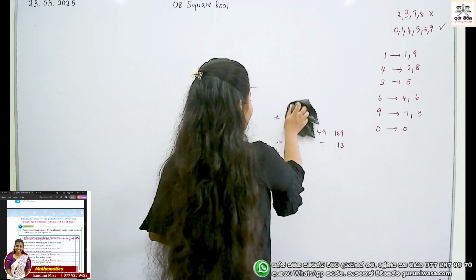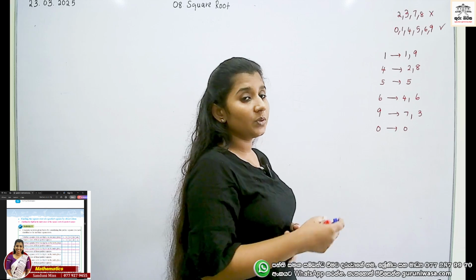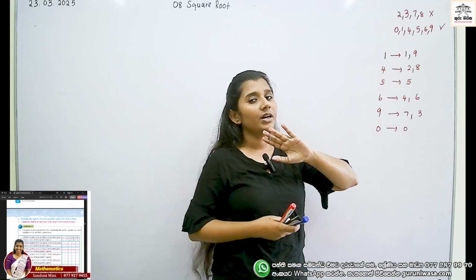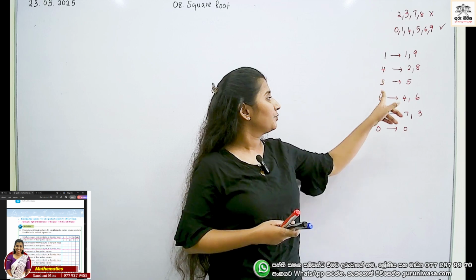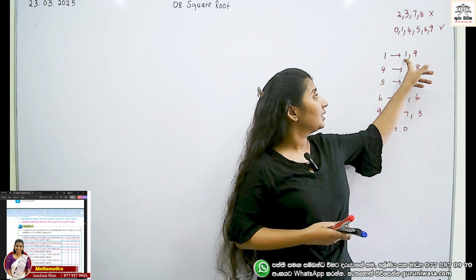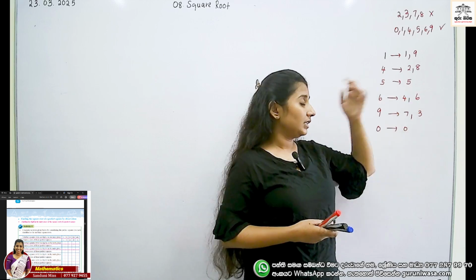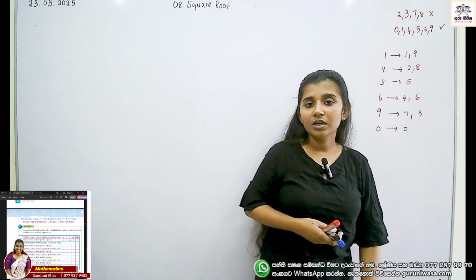If the perfect square is ending with unit place digit 1, 4, 5, 6, 9, or 0, the square root unit place will be either 1 or 9, either 2 or 8, the 5, 4 or 6, 7 or 3, or 0.